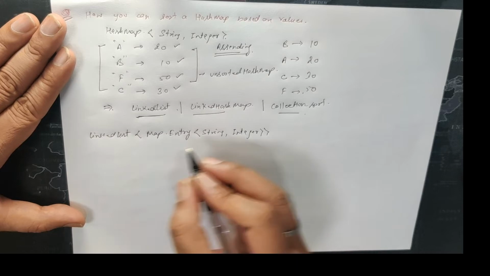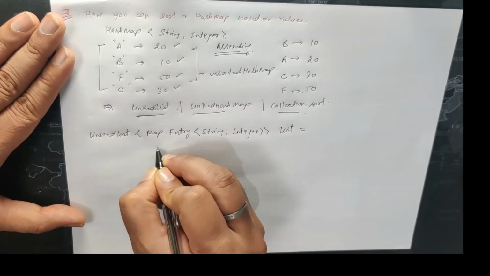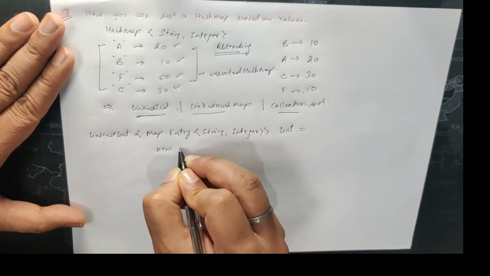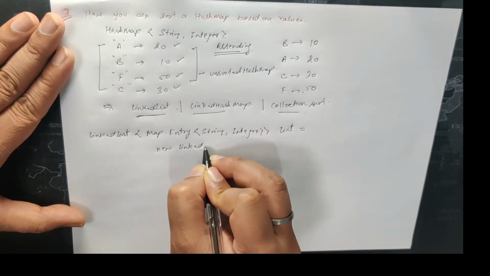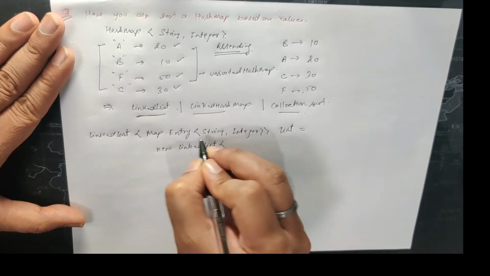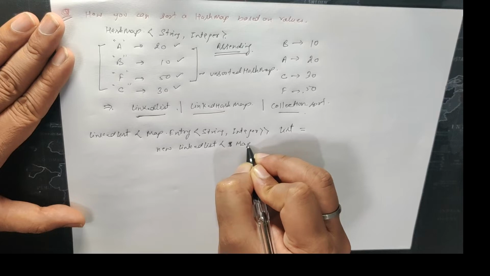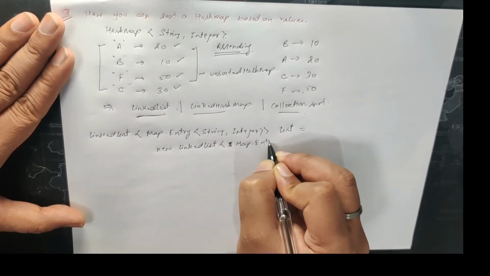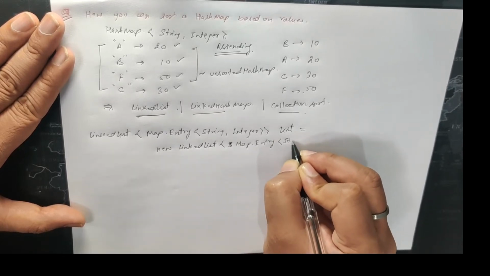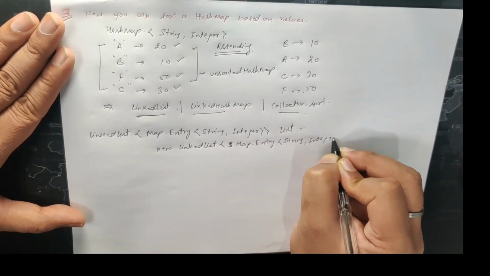So we are going to create a list like this, which will have new LinkedList, and we are going to create the same kind of element for this, so it will be Map.Entry of String, Integer.